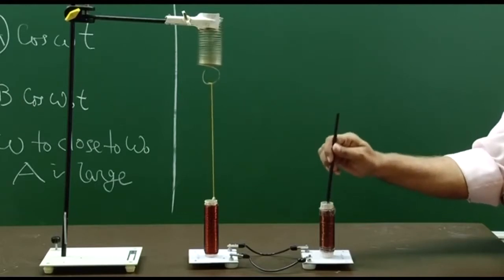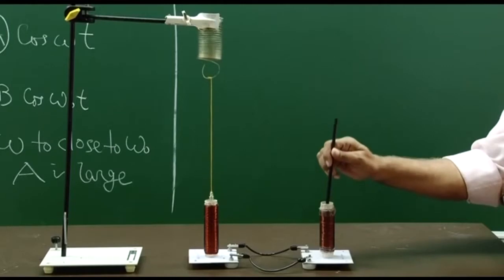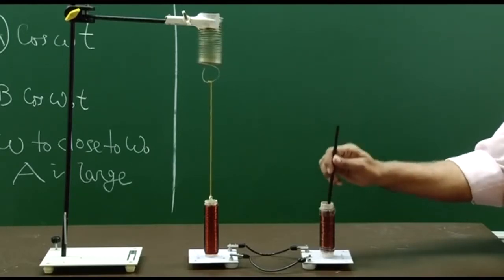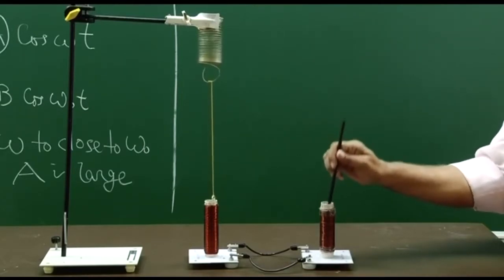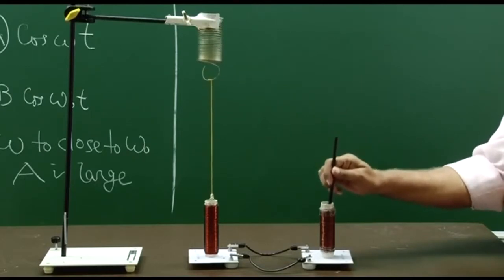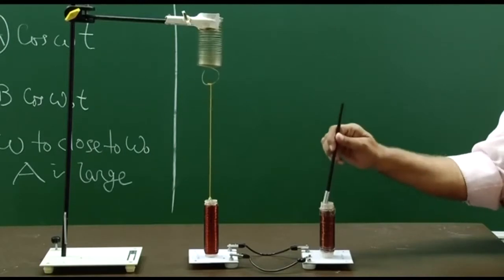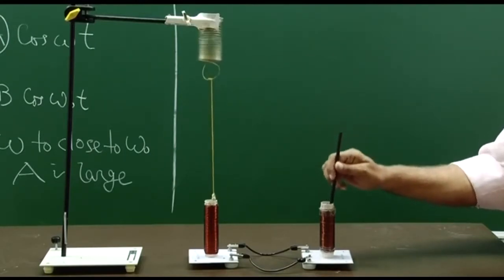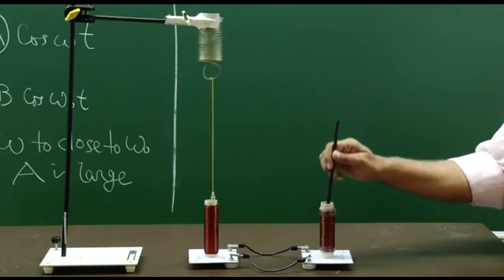The magnet is now oscillating with a much larger amplitude, whereas if I decrease the frequency, the amplitude goes down. If I increase the frequency too much, the amplitude goes down. But if I keep the frequency somewhere here, the oscillation amplitude is maximum. So, this is resonance. This is resonance.